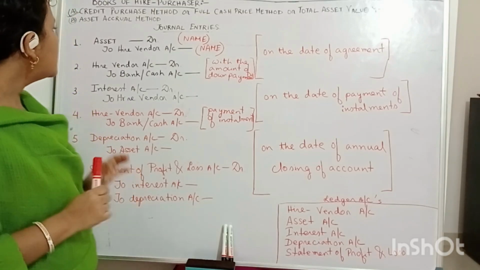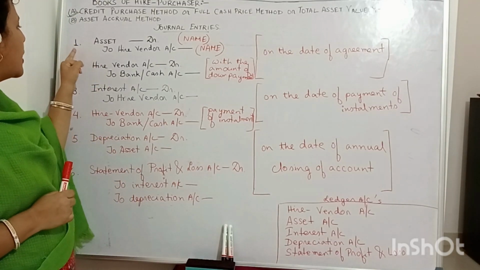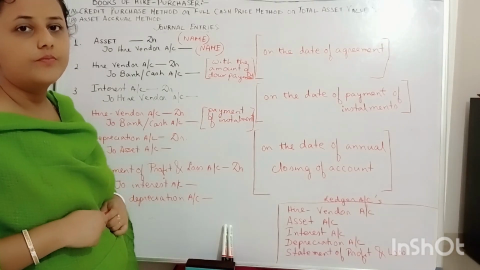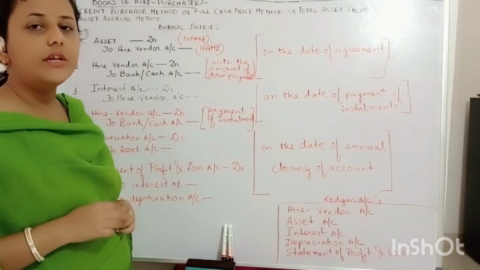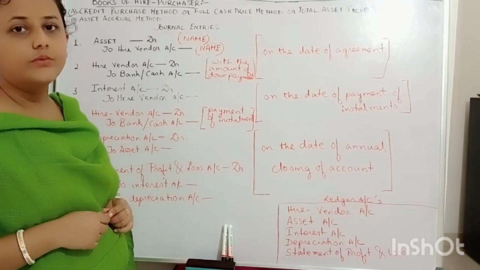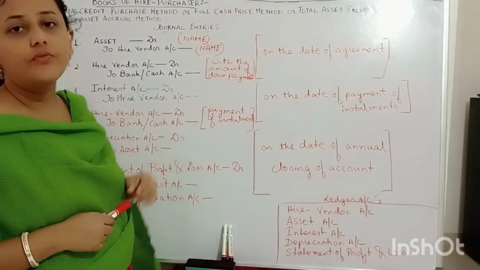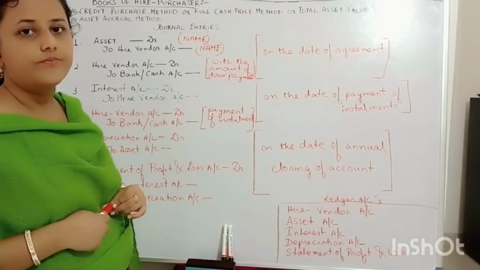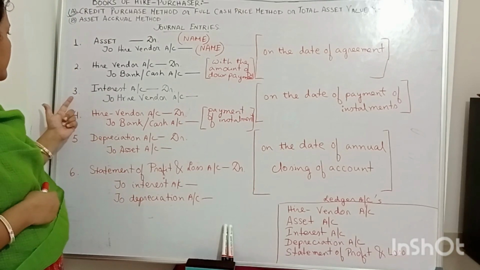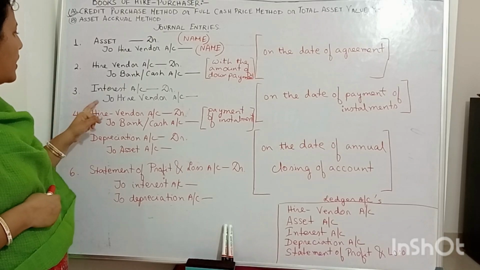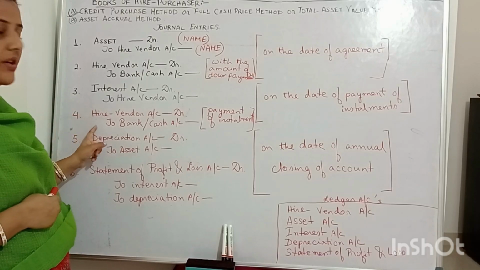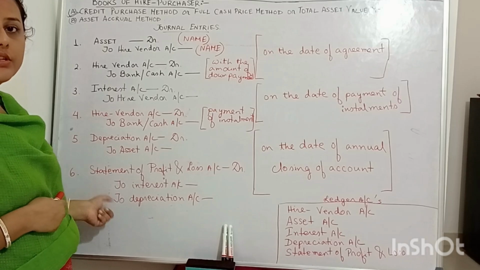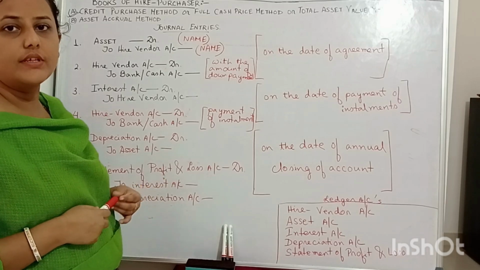So you see these two entries, the first number 1 and number 2 entries, are passed only once, at the beginning of the year, on the date of agreement, that is when there is a purchase of the asset. And these four entries, 1, 2, 3, 4: interest, hire payment of installment, depreciation charged, and transfer of interest and depreciation to profit and loss account.